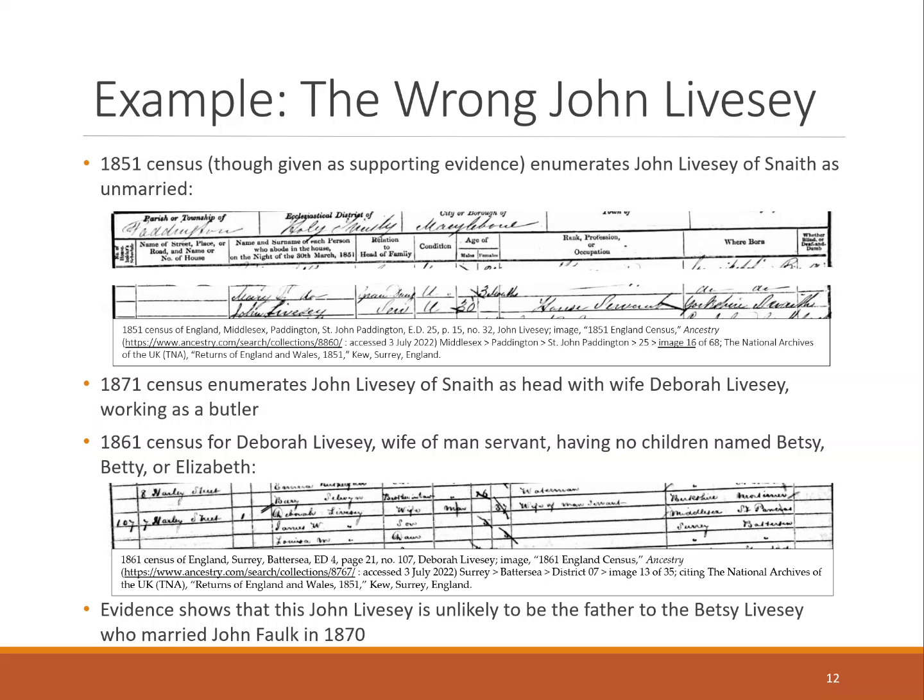And we took a look and found that the wife of a manservant has children, but no children named Betsy or Elizabeth. And in 1861, she would have been 15 or 16. She would have been at home with her mother.